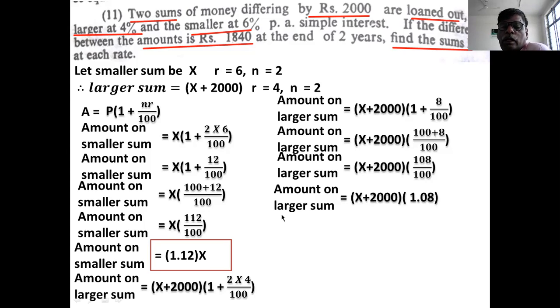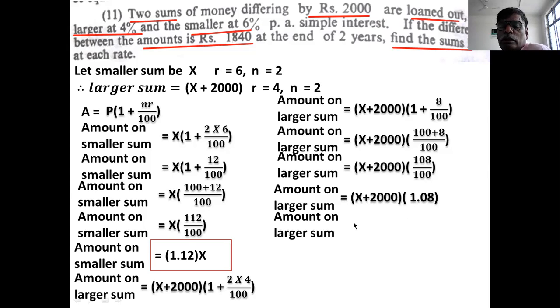In the next stage, 1.08 into x and 1.08 into 2000. You multiply the terms in the first bracket by 1.08.